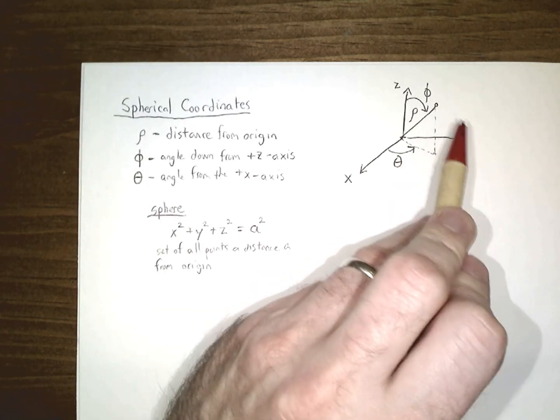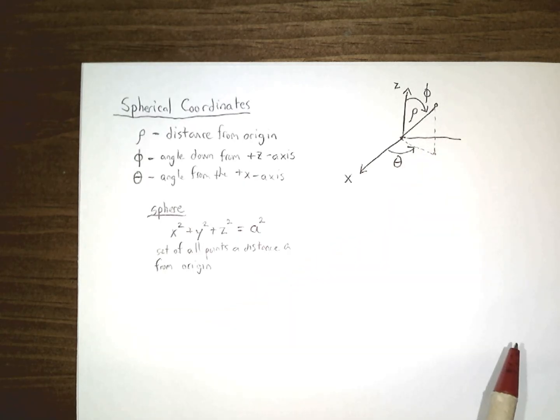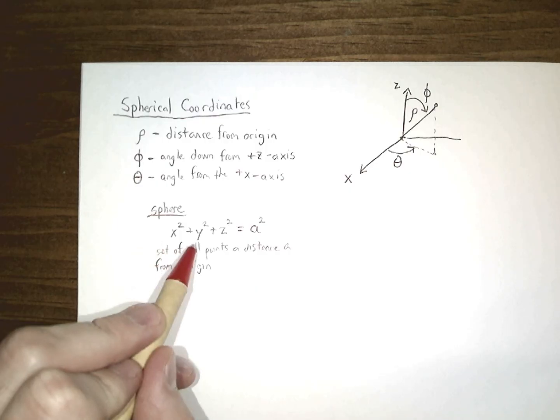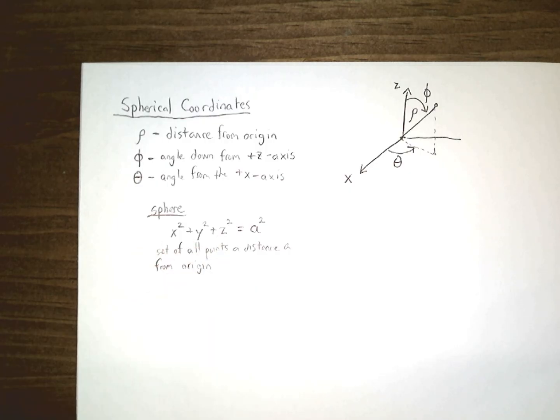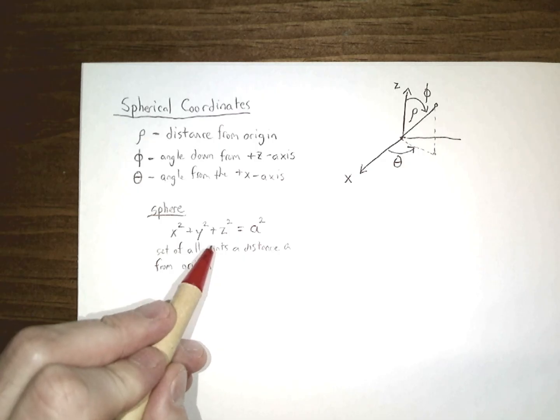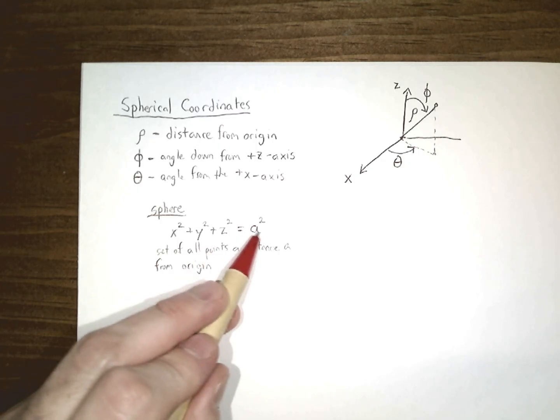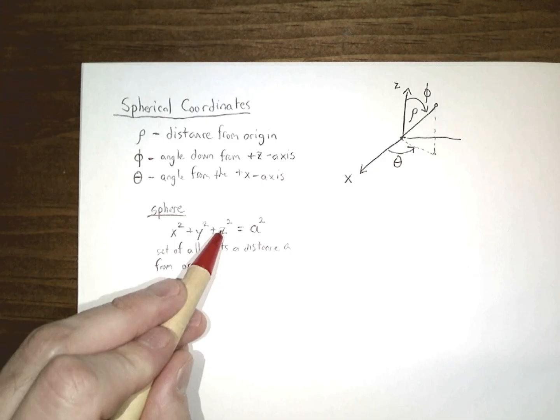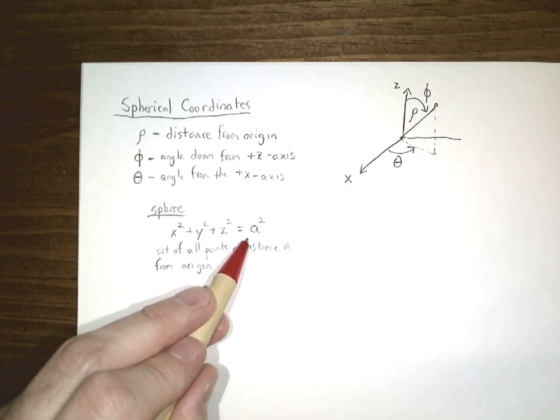We know that a distance in 3 dimensions can be written by taking the Pythagorean theorem and just adding a z² to that. Now we have 3 dimensions, but it still works out that it is equal to the distance. x² plus y² plus z² is equal to the distance from the origin, a².